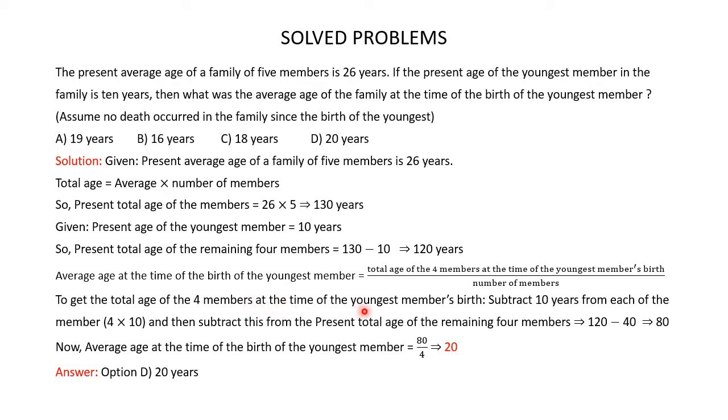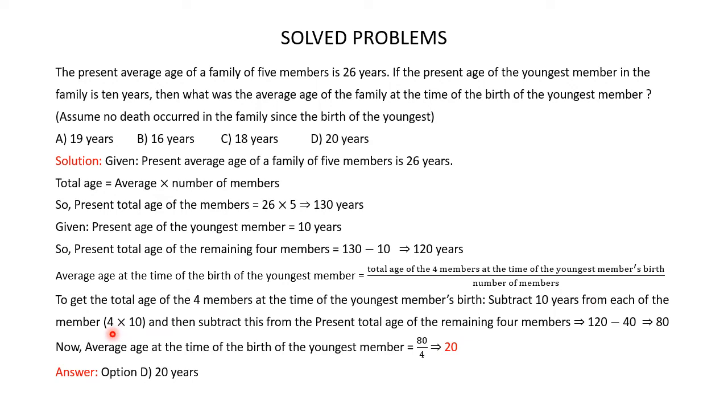So at the time of the youngest member's birth, to find the total age of the 4 members, we have to subtract 10 years from each of the members, because it's given that the present age of the youngest member is 10 years. So he was born 10 years earlier. So first subtract 10 years from each of the members.